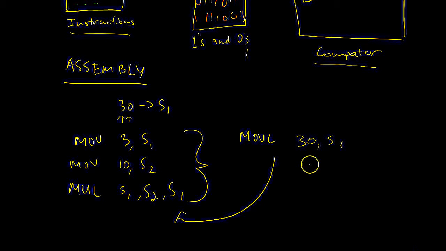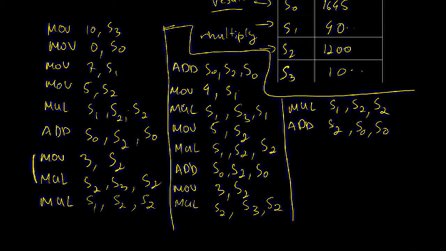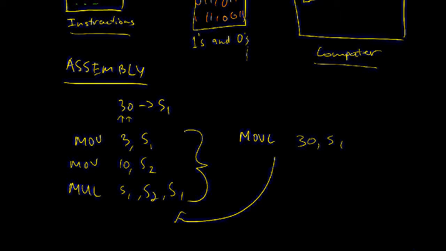This already makes things a little bit easier, and this would have made this task much easier here because we wouldn't need to do all this decomposition step by step like we did here. All we would have to do is call the move large instruction and then systematically expand every move large instruction into these smaller instructions.